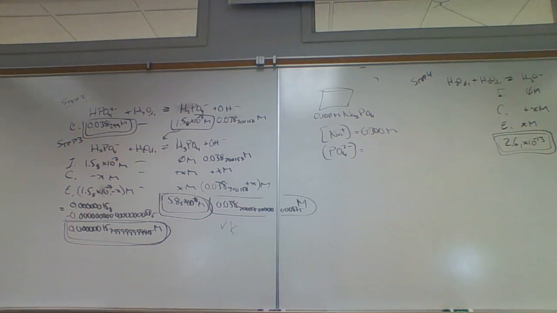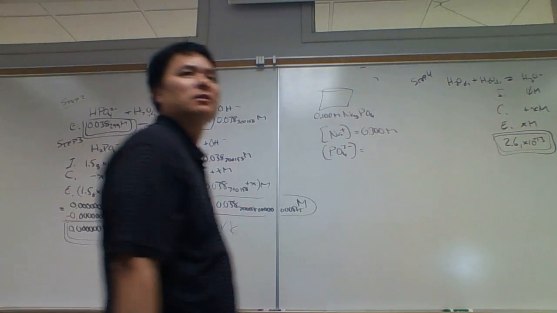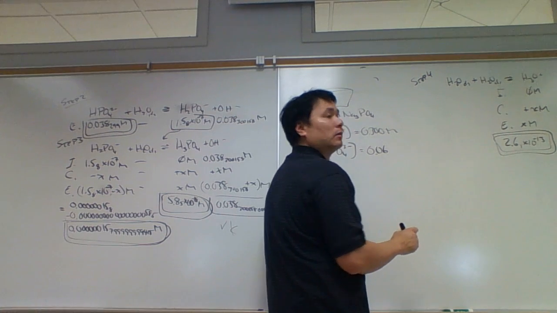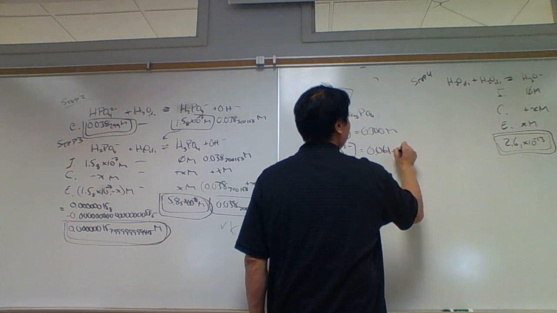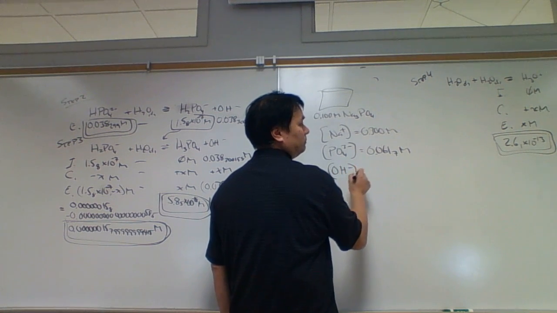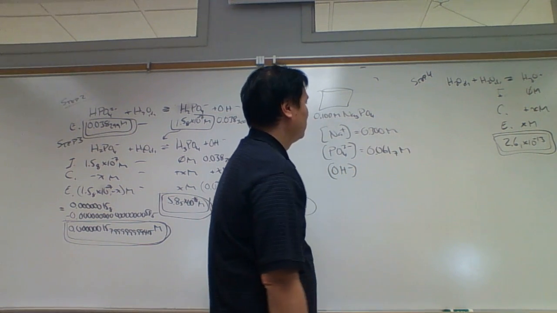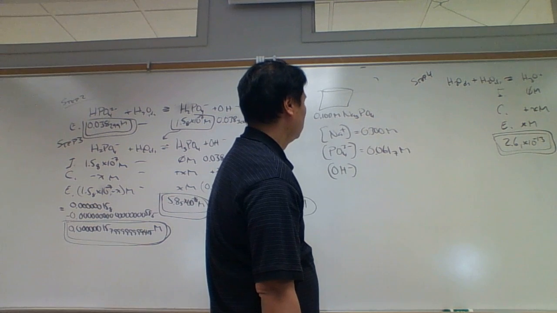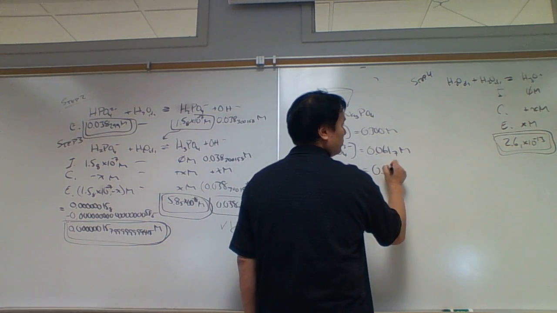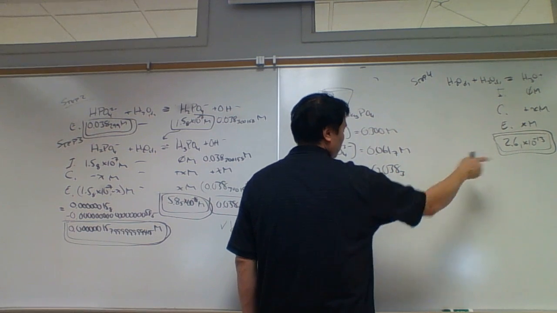It's like 0.6, was it 0.6 something? 0.06? 17 molar. We would find hydroxide at 0.0383, over there.